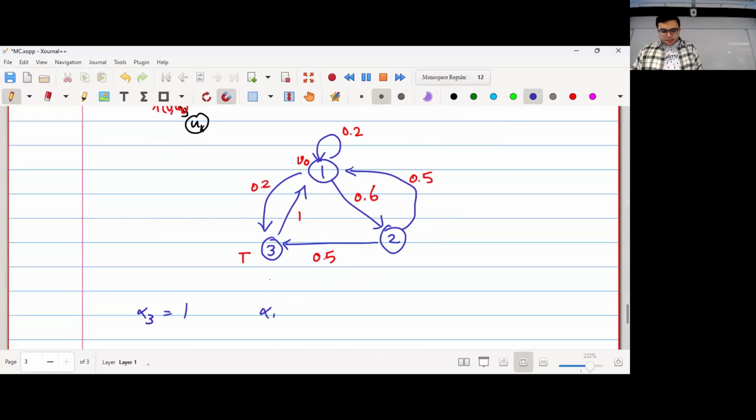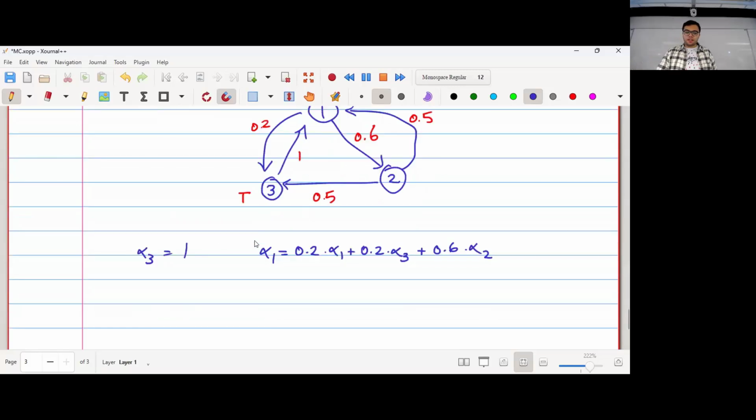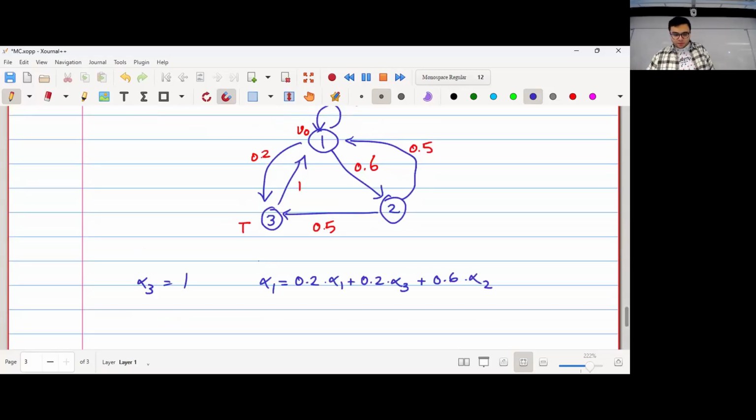What is alpha 1? Alpha 1 is going to be 0.2 times alpha 1 plus 0.2 times alpha 3 plus 0.6 times alpha 2. And what is alpha 2? This is 0.5 times alpha 1 plus 0.5 times alpha 3.